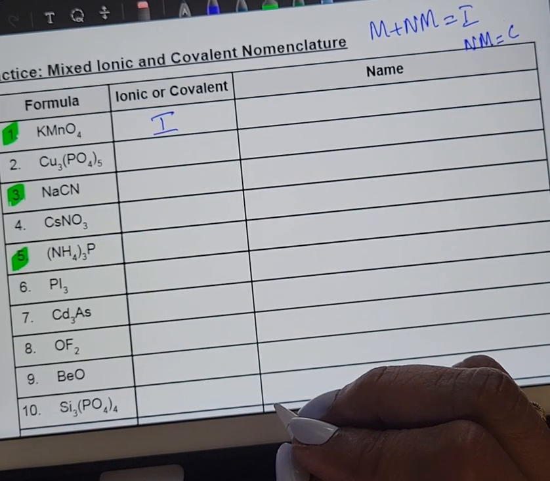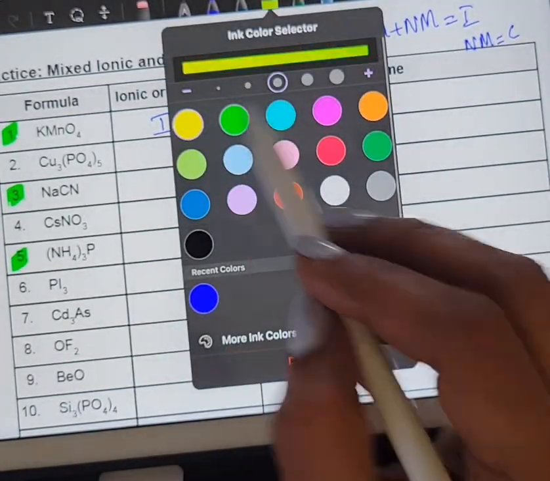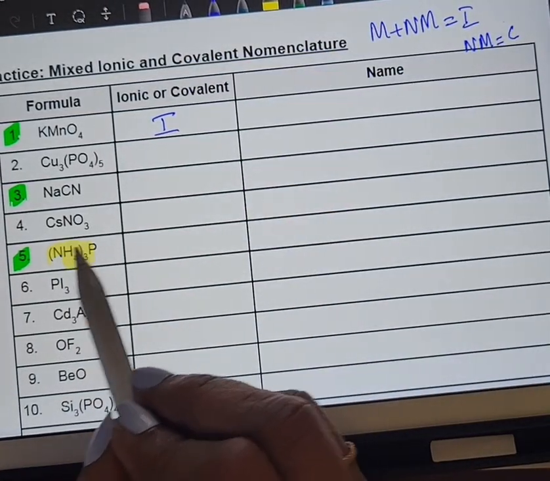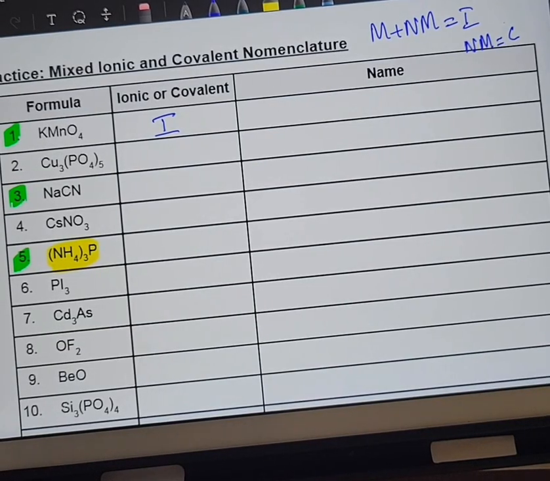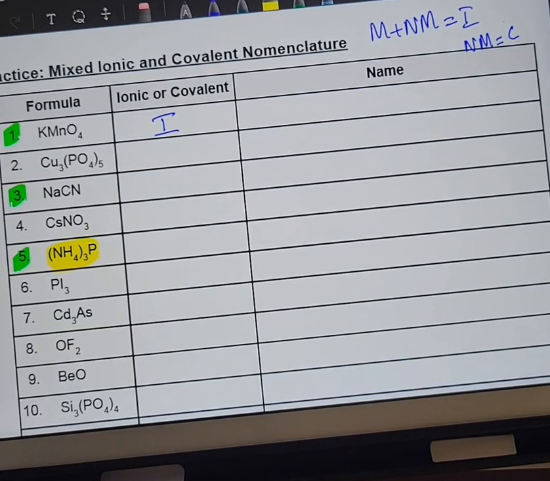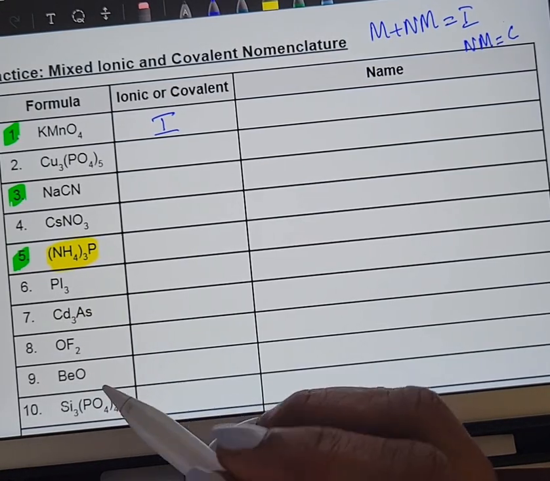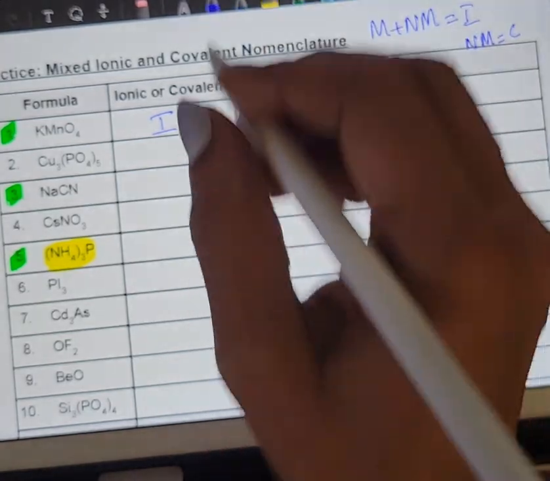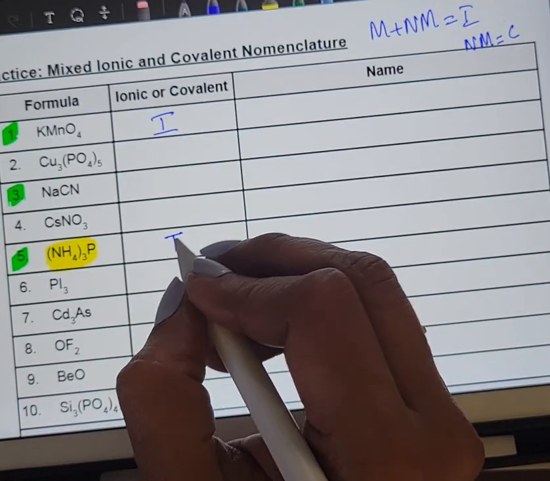Covalent. But this example, this one has only covalent. You can see nitrogen is covalent, hydrogen is covalent, P is covalent. But there is a polyatomic ion. If there is a polyatomic ion, I would go with what?